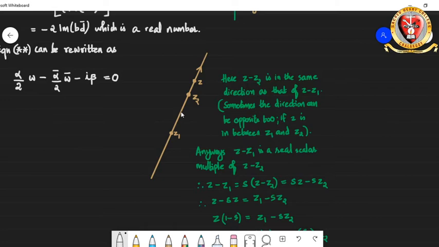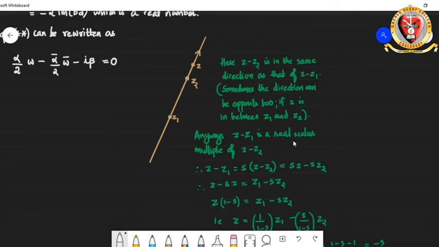Okay. So in any case, we can say that z minus z2 times a real scalar multiple will be z minus z1, or z minus z1 is a real scalar multiple of z minus z2. z minus z2 is a smaller vector here, right? So multiplying that vector by some scalar will give us z minus z1.